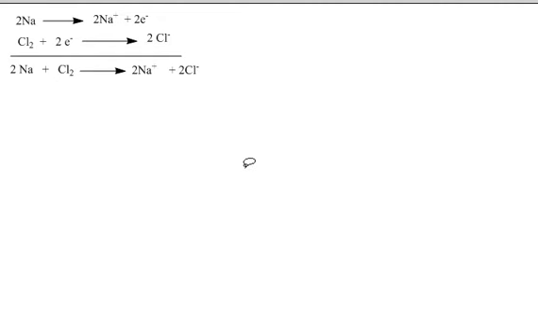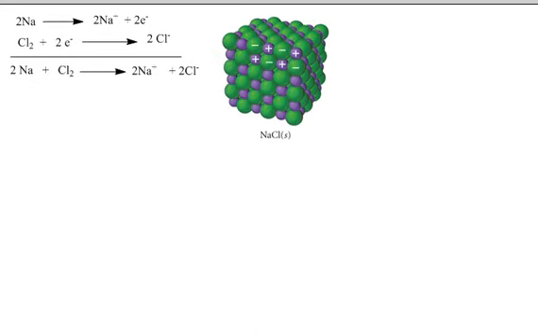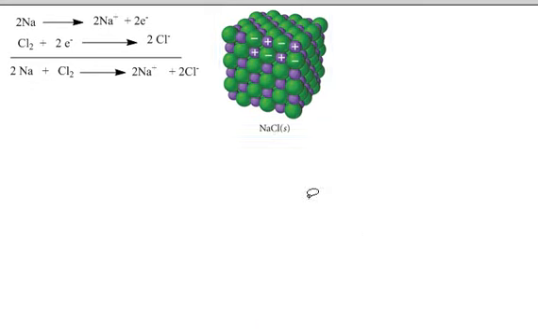Attraction between a positive and a negative ion is a very favorable thing. They're going to pull each other together to form some sort of three-dimensional lattice with positive and negative ions attracting one another. And the energy given off when these positive and negative ions come together is called the lattice energy.